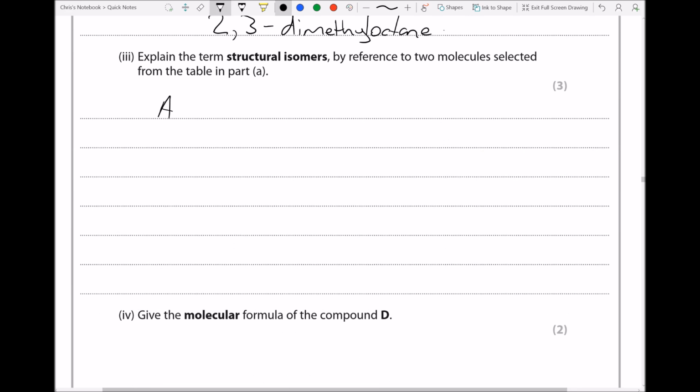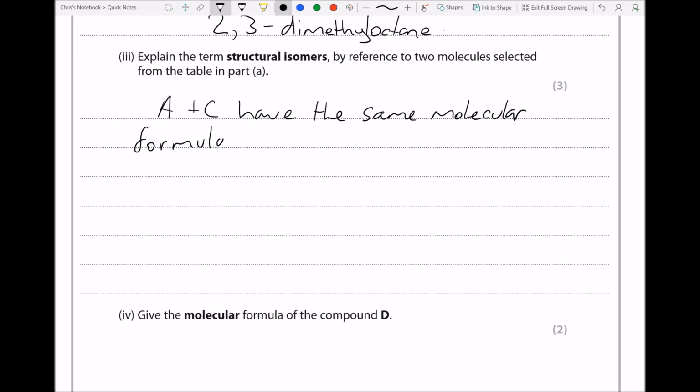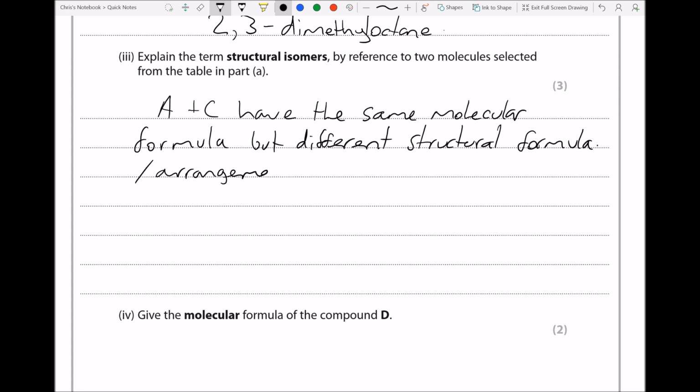So we're going to put: A and C have the same molecular formula, but different structural formula, or you can say different arrangement of atoms.